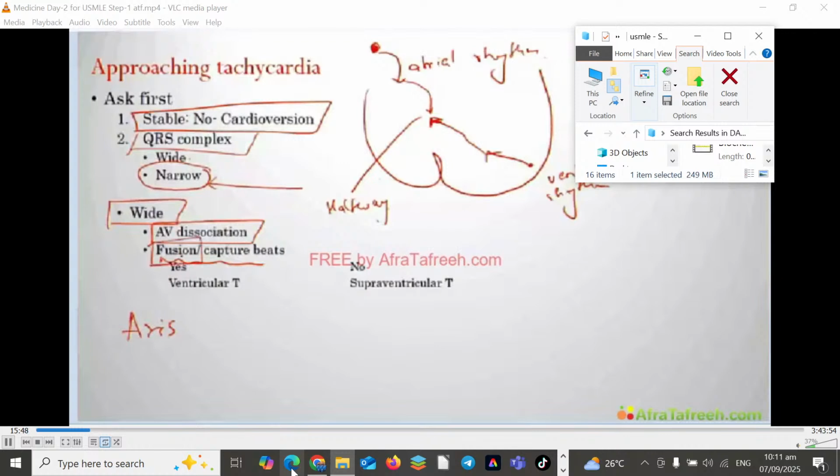So when you're talking about a wide complex tachycardia, it would be a smaller tachycardia and then it would be followed by a normal rhythm.